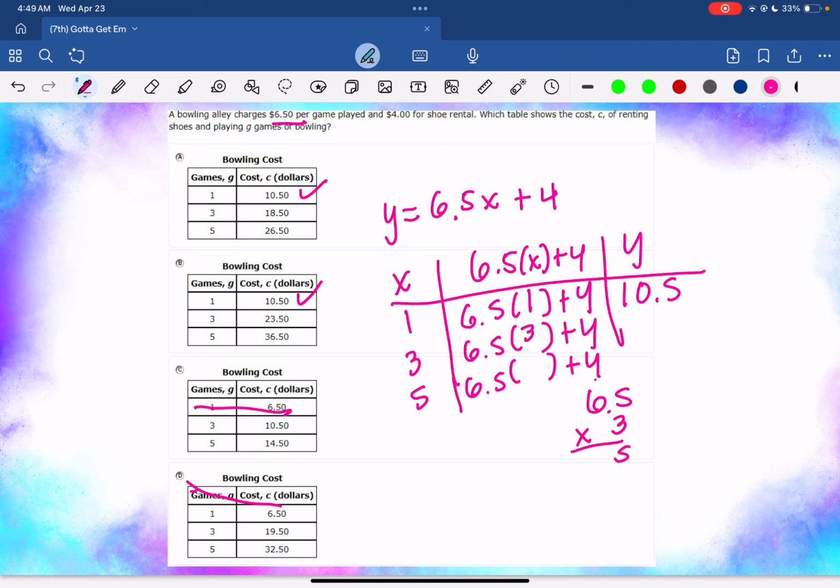You don't line up decimals. 19.5 plus 4, 23.5. The only one that works is B. You could try the last one just to double check yourself if you want, but it does work out. I mean, if you look, there's no way it can be A.